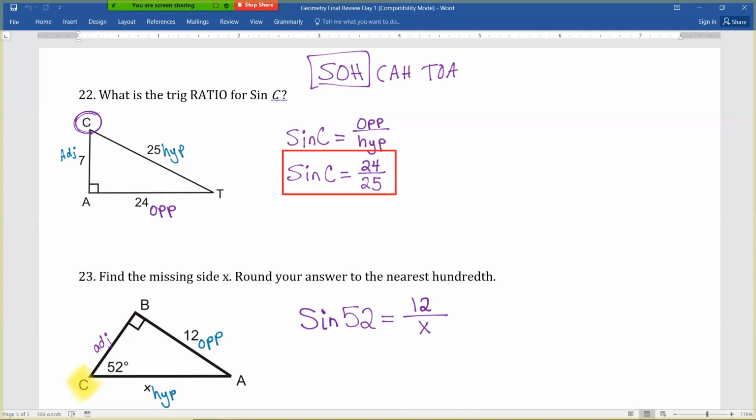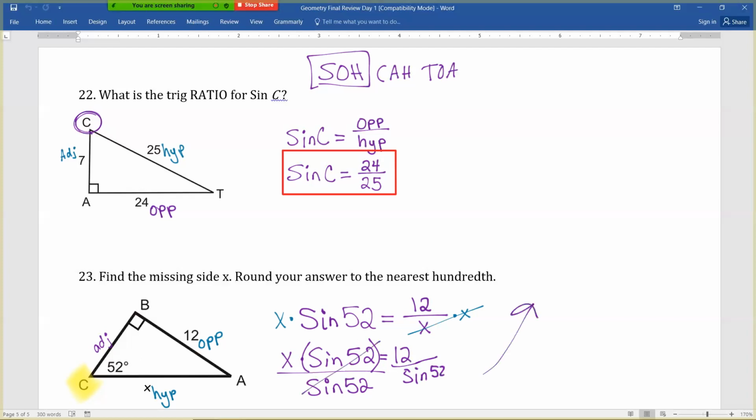So this is one of the tricky ones. You got to get that x out of the denominator, multiply both sides by x. So now you have x times the sine of 52 equals 12. To get x by itself, you've got to get rid of this whole sine of 52 by dividing by it. So in your calculator, you're going to type 12 divided by the sine of 52.